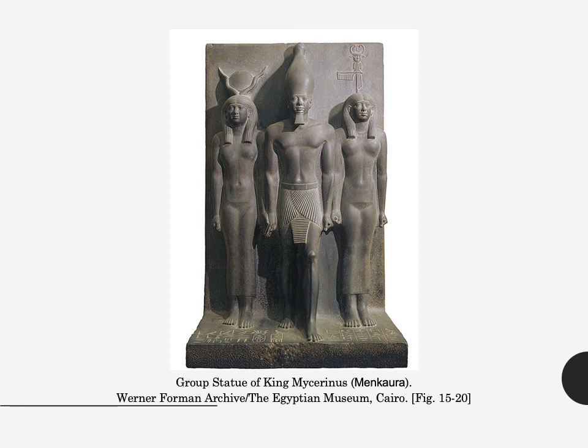The pharaoh is the largest figure. Hierarchical scale is the name for when we make one figure larger than the others to show the power of that figure. And remember that the pharaoh was semi-divine too.